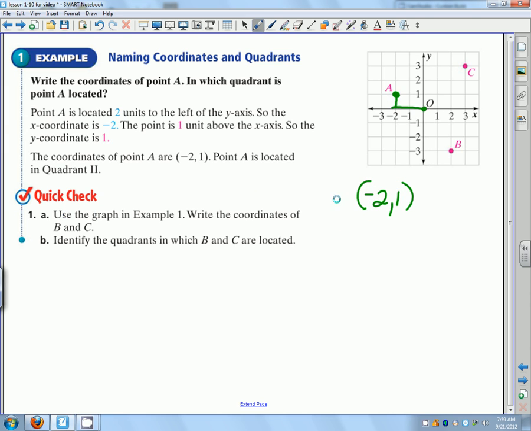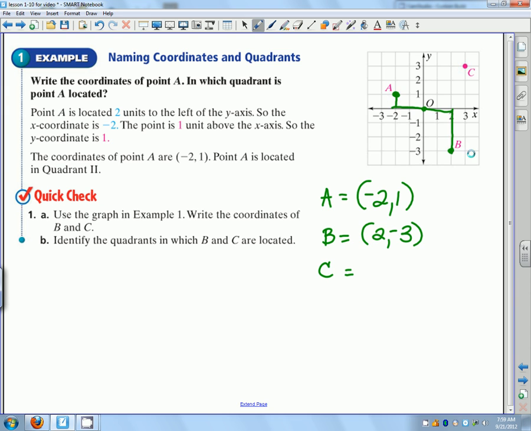So it says, use the graph in example 1. Write the coordinates of B and C. So write down the coordinates of B and C, and then we'll go over. All right, B is right here. You should have written, so I'm going to go over 2, and down 3, -3.